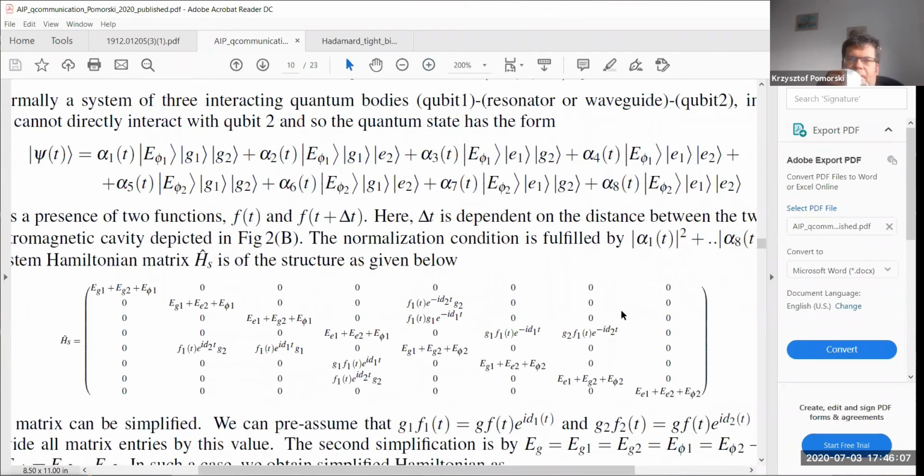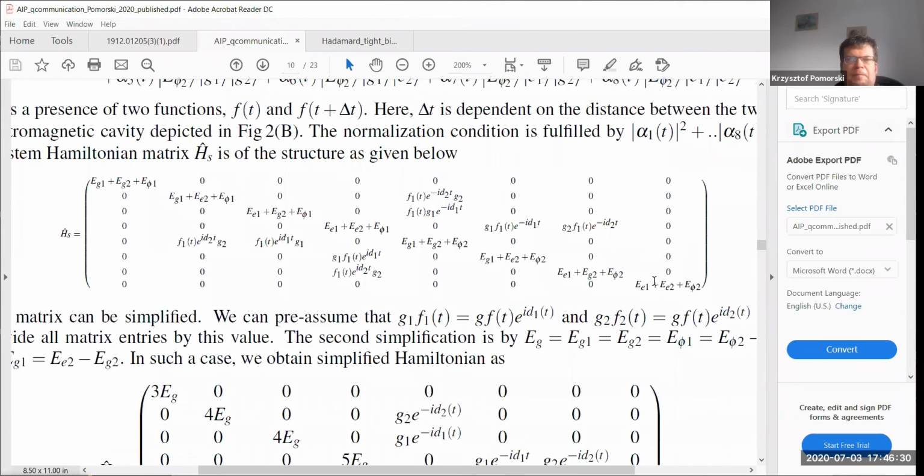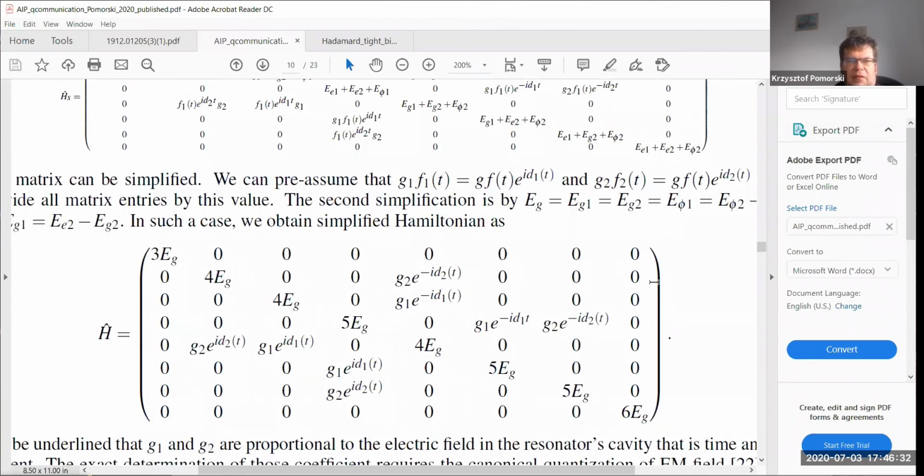So you have diagonal terms that correspond to non-interacting free quantum systems, and then you have these off-diagonal terms, in particular these anti-diagonal terms, that describe this interaction. Yeah, so they are given like here.